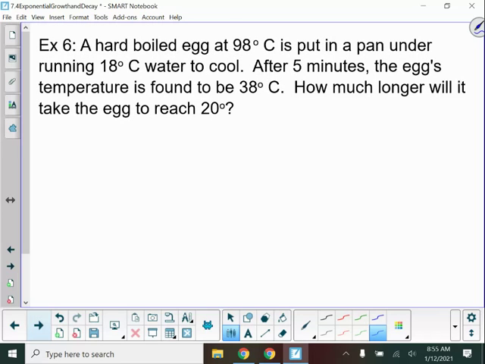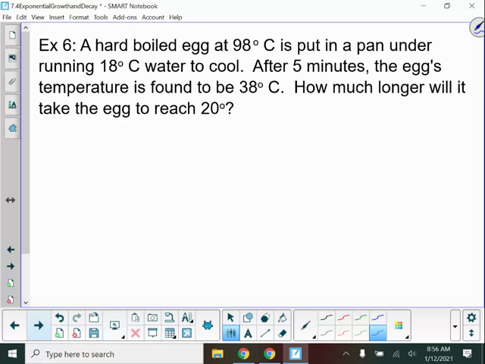So here's the example we're going to do with this. We have a hard-boiled egg at 98 degrees Celsius, very, very hot, put in a pan under running 18 degrees Celsius water to cool. After 5 minutes, the egg's temperature is found to be 38 degrees Celsius.